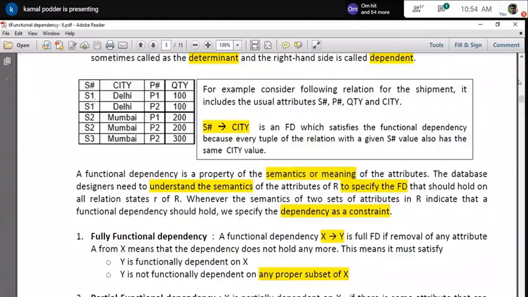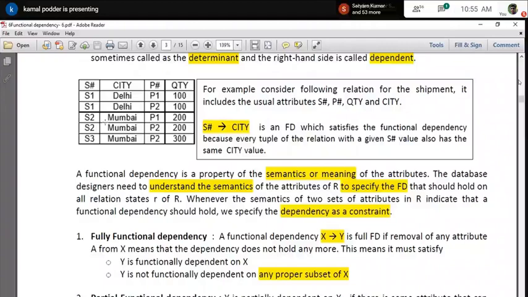Here, as I have told you, after seeing that, we know what is city and we know what is S number, which indicates the supplier number uniquely. From this data it is obvious that there is a relationship between the city and this, because as soon as I get S2, I find that the city is different.